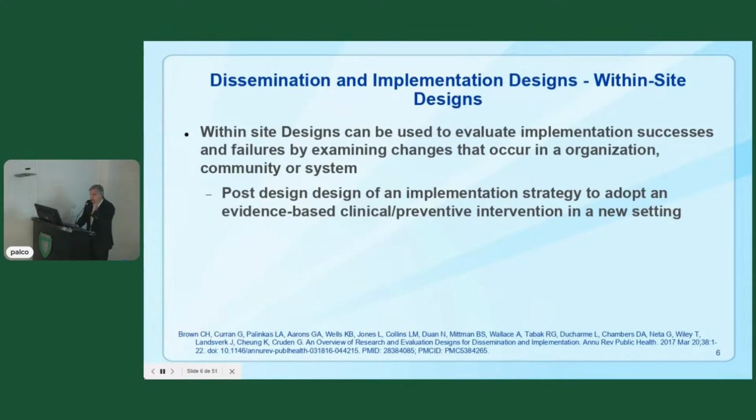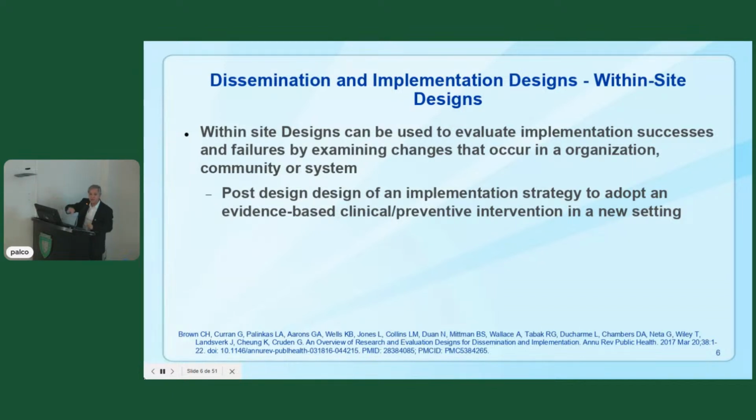Dissemination implementation can be within site designs and between site designs. Within site designs can be used to evaluate the implementation successes and failure by examining changes that occur in an organization, in a community, or a system that's supposed to deliver that intervention. So it's usually a post-design of an implementation strategy to adopt an evidence-based intervention in a new setting. It's a post-design.